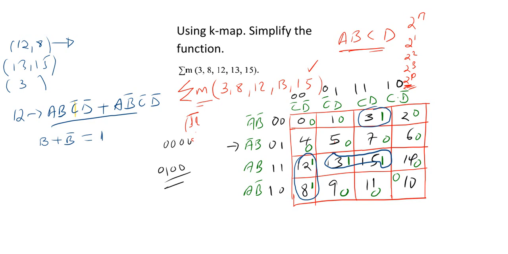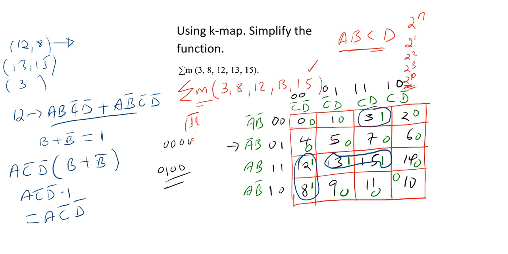So we can factor out A, not C and not D outside. Then we have our B plus not B. So this will give us a 1 multiplied by A, not C and not D, which will give us a final expression like this. So for the group of 12 and 8, we get this simplified expression.